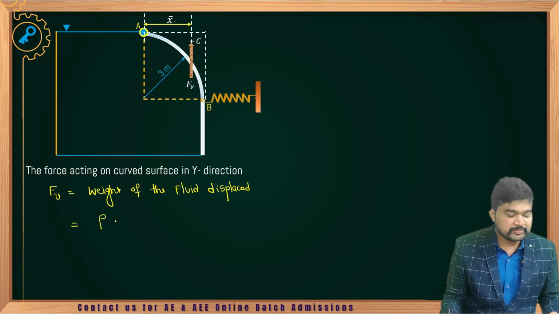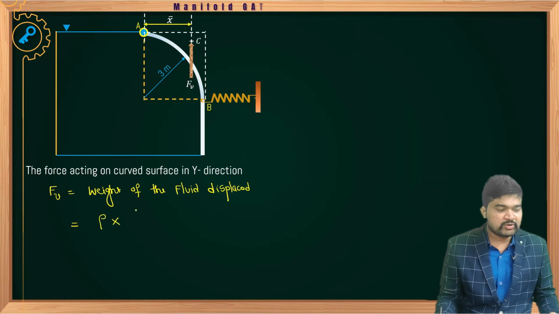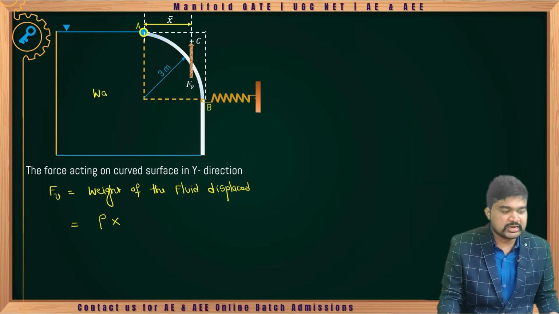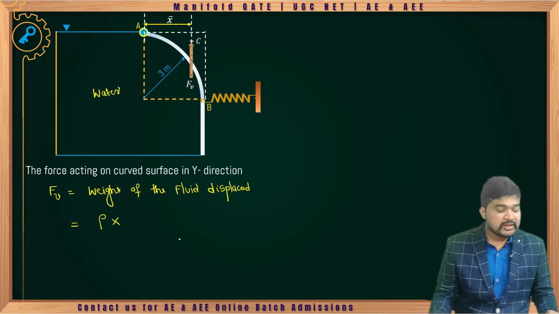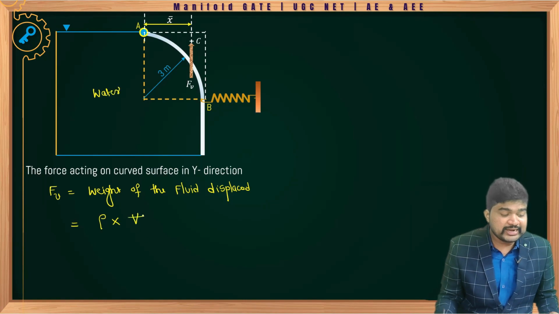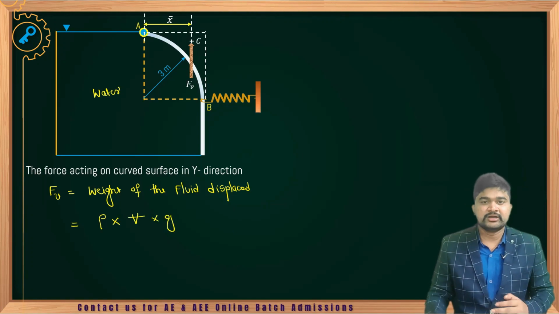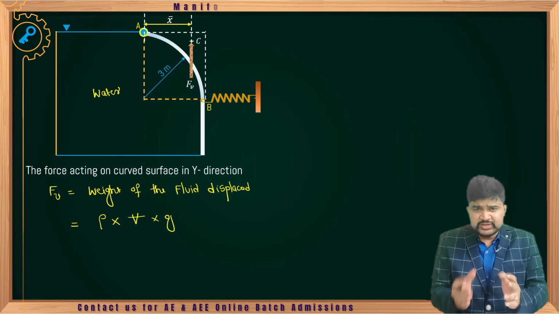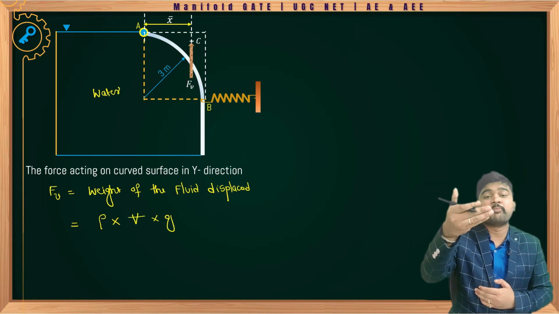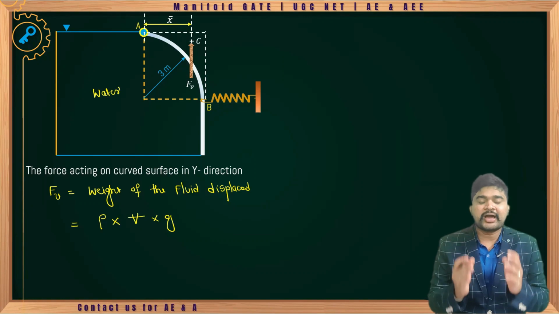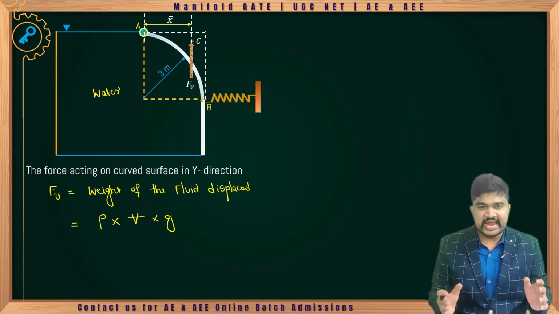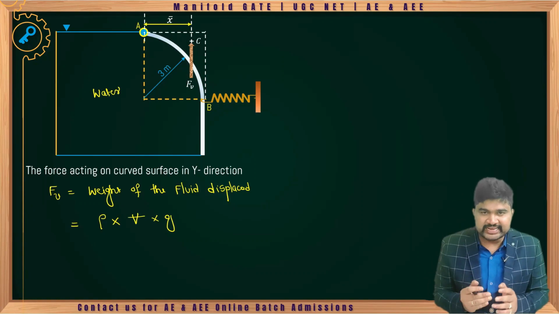Density of the fluid, that is water of course, into volume of the fluid displaced into g. Fv is acting in the vertically upward direction because the buoyancy force always acts vertically upward.